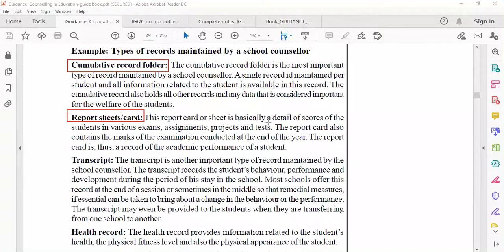If there is a school counselor in a school, it contains all previous information about the problems the student faced. Basically, the cumulative record is just like an anecdotal record. They have detailed information. Likewise, they have the transcript of a student, and they have the health record of a student in their folder. All these records are kept by a professional school counselor.